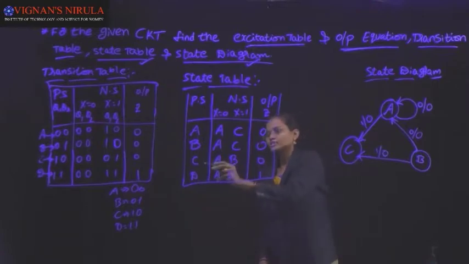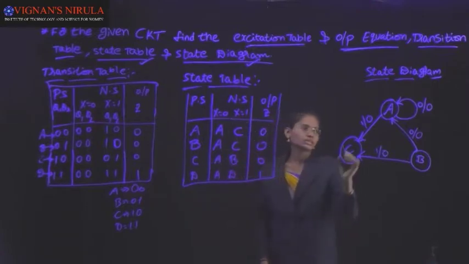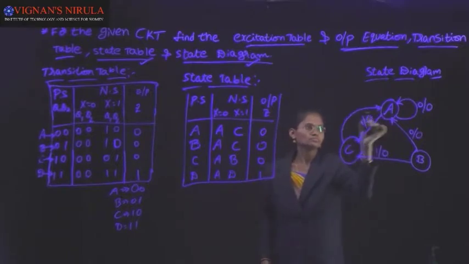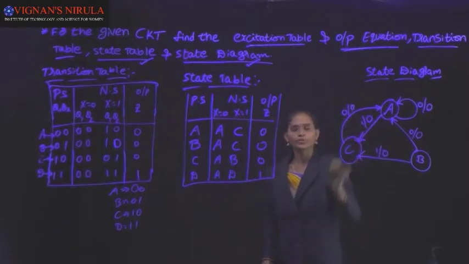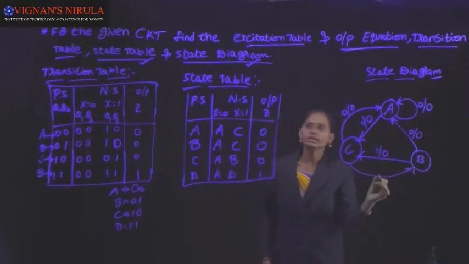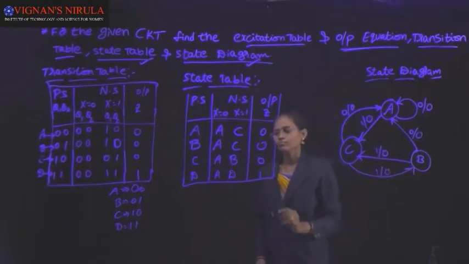Next, coming to the C state, if x equal to 0, the next state goes to A, with 0 by 0, input by output. If x equal to 1 in state C, the next state goes to B, with input 1 and output 0.